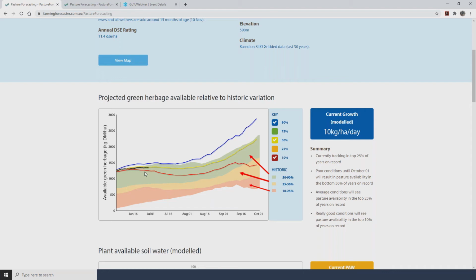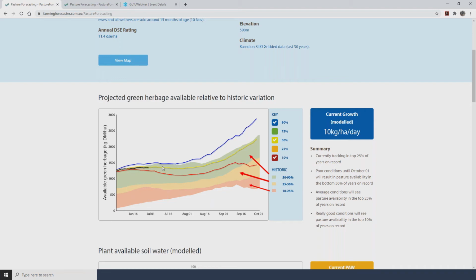It really has been quite an amazing autumn and start to the season. So we've got current pasture right up near the 90th percentile. The projection lines, these coloured lines, actually start towards the top of the green zone as well.